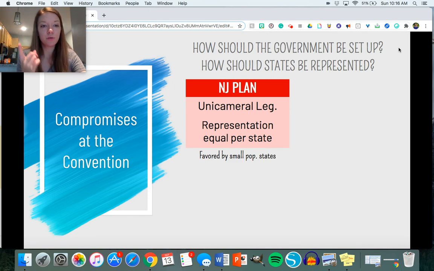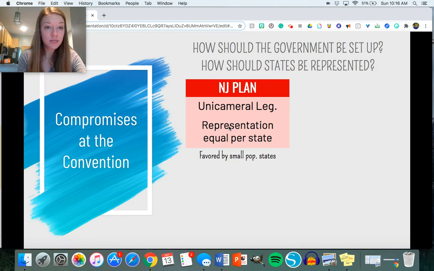The New Jersey plan proposed a unicameral legislative branch. That is one branch of Congress. And the New Jersey plan wanted representation equal per state. No matter the population, no matter the size of the state, all states would be represented equally in that legislative branch.